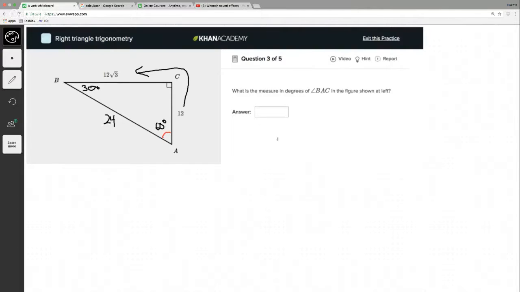If you did want to use trigonometry, since we have the two legs and we don't have the hypotenuse, you got to use tangent. So we would take tangent of x, excuse me, we don't know it's 60, equals opposite, which is 12 root 3, over adjacent, which is 12.